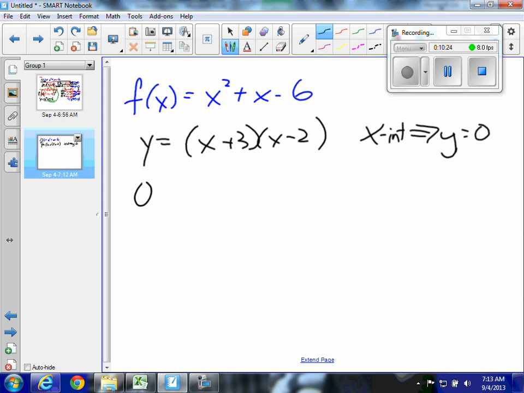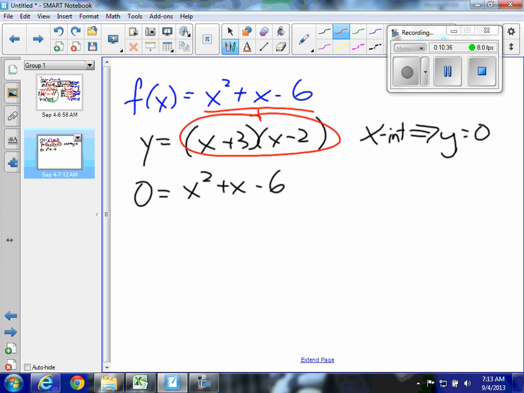So they would have 0 equals x squared plus x minus 6. But then, instead of trying to factor this to get this, a number of people added 6 to both sides. So we would have 6 equals x squared plus x.